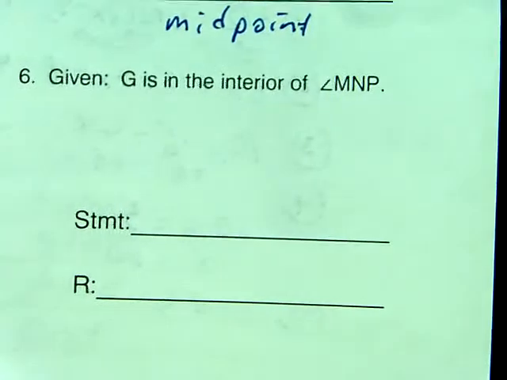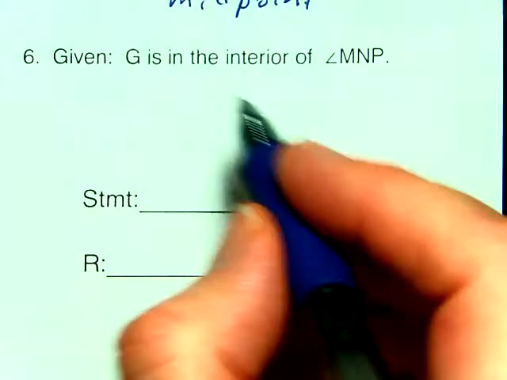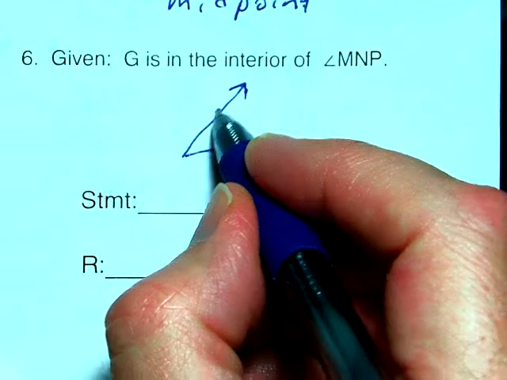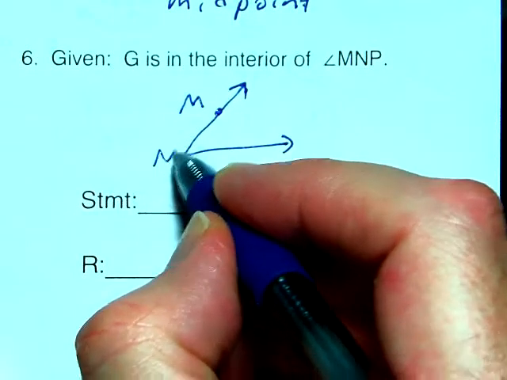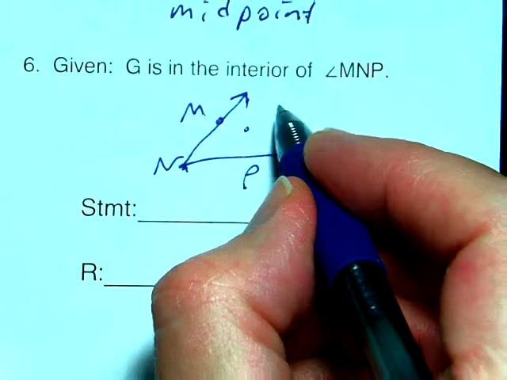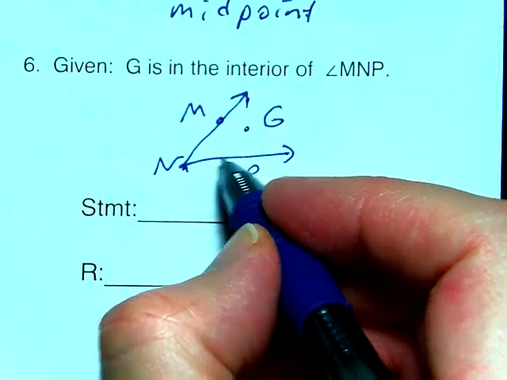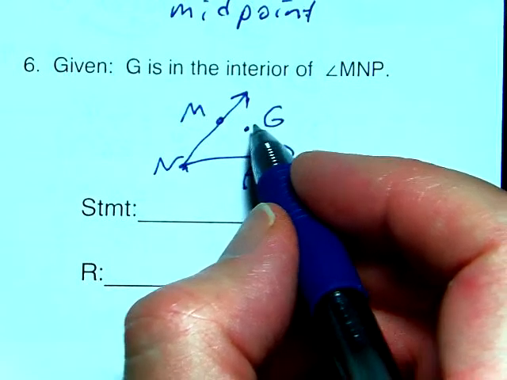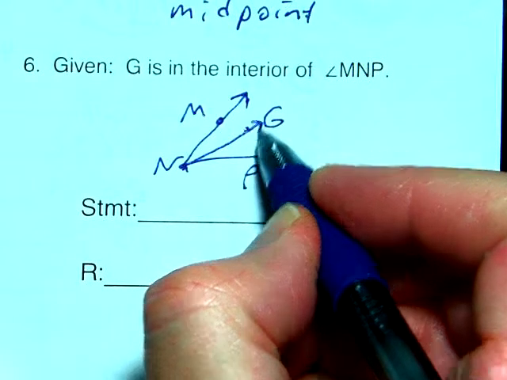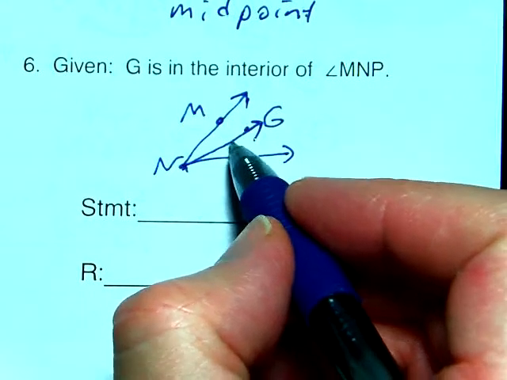And finally, number 6, we're given that G is in the interior of angle MNP. Let's go ahead and draw that. Let's draw MNP. And G is in the interior, so it's somewhere around there. It doesn't say where in the interior, so when we join N to G, we don't know if this is an angle bisector.